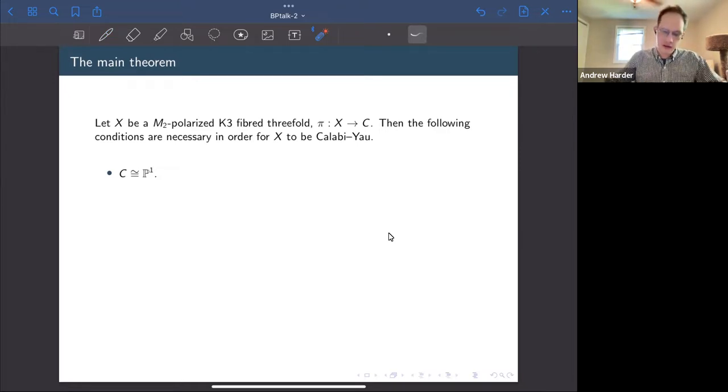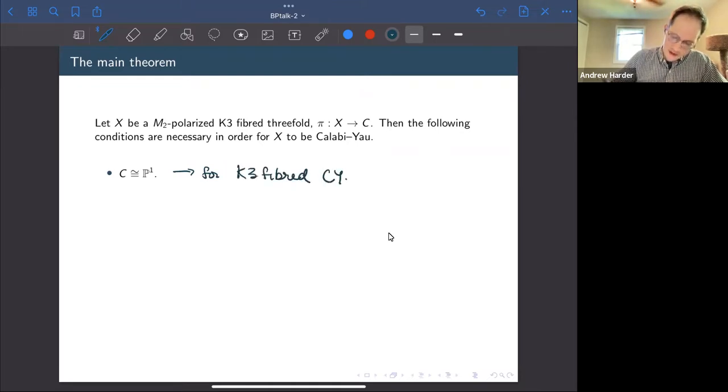The first condition is actually a general necessity for any Calabi-Yau with a K3 fibration: the base curve must be P1. This is a very basic consequence of the Leray spectral sequence, along with the fact that H01 of X is 0. There's nothing complicated going on here. That's just a general fact.